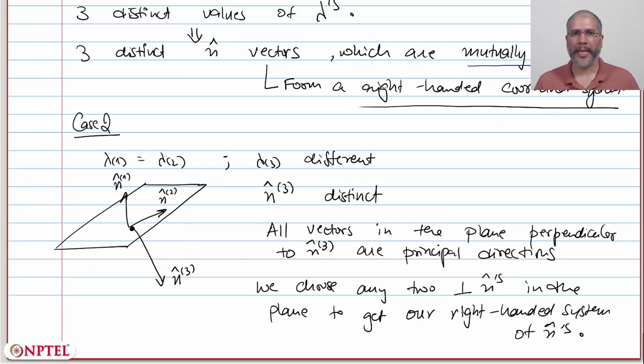So we choose any two perpendicular n hats in the plane to form our right-handed coordinate system of n hats. And I'll tell you the significance of doing that in the lecture later this week.